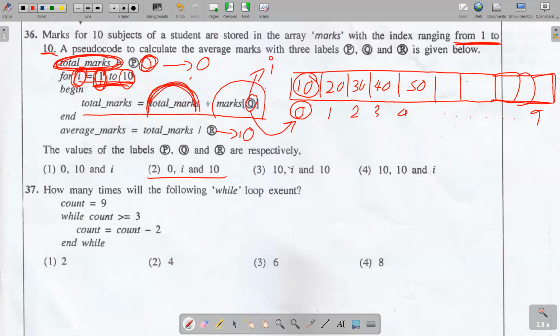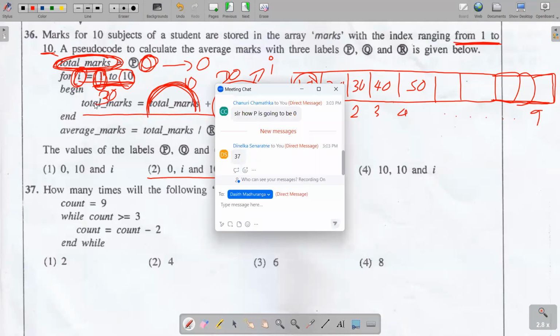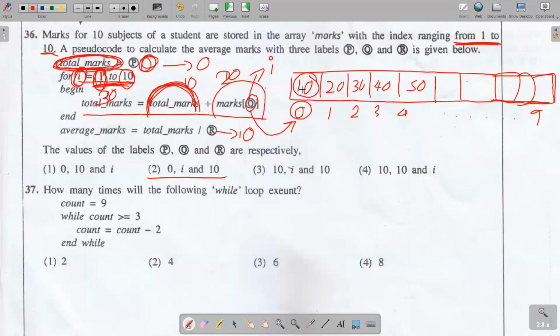So for the very first time, this will be 0, this will be 10. So this is going to be 10. For the second time, this is 10 and 20 will be added, so this is going to be 30. Likewise. Okay, no worries. So the answer is going to be the second one.